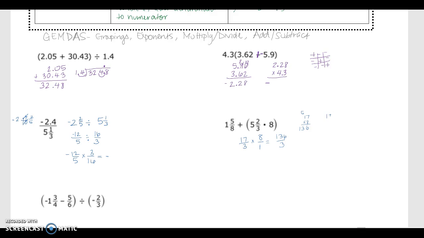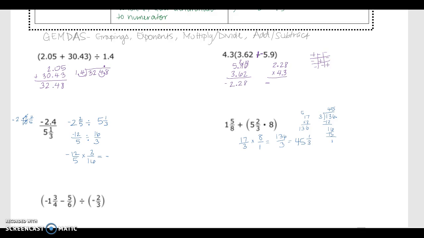Well, 136 divided by 3, so 3 times 4 is 12, 16, 3 times 5 is 15, remainder 1. I'm going to stop at my decimal to get a fraction. So 45 is my whole number. This 1 at the bottom is my numerator. And I keep my denominator of 3.